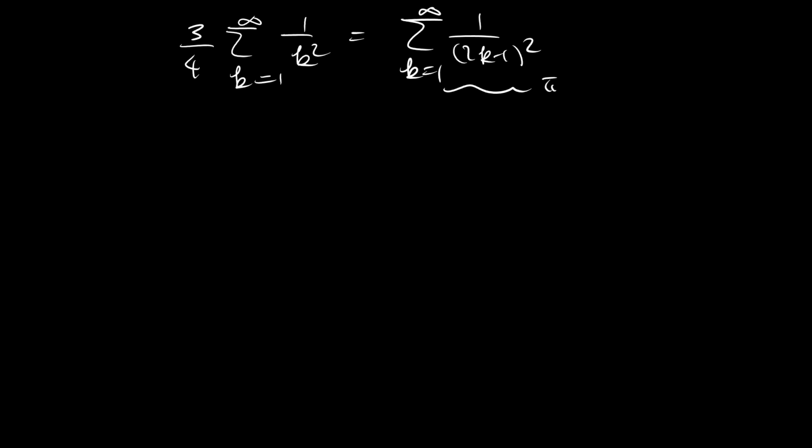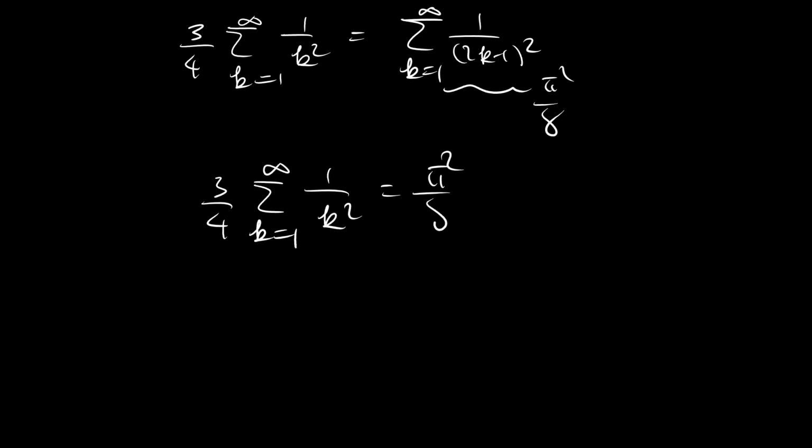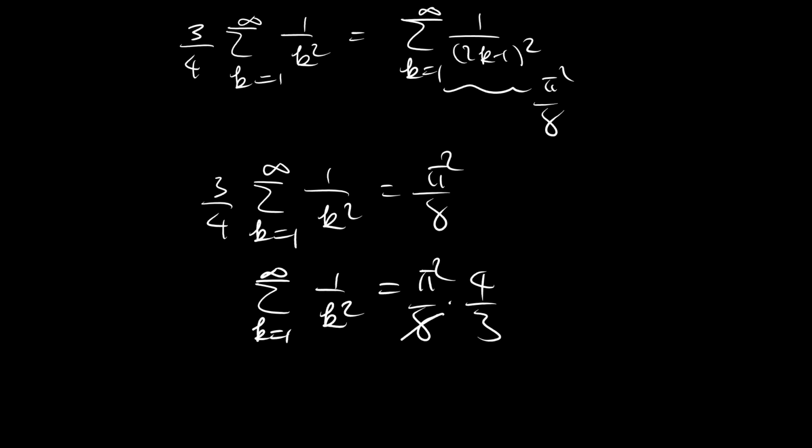But this already is pi squared over 8. So in other words, 3/4 of the summation from k equals 1 to infinity of 1 over k squared is equal to pi squared over 8, implying that the summation of 1 over k squared is equal to pi squared over 8 times 4 over 3, which is equal to pi squared over 6.